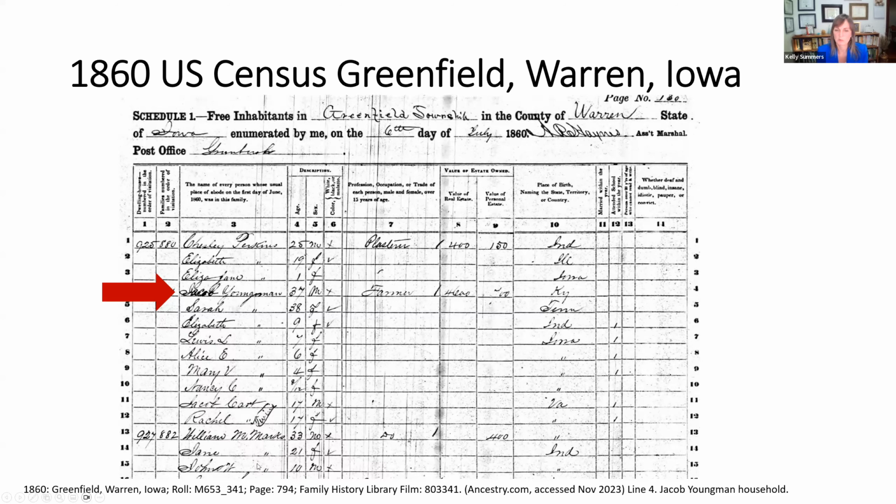Okay, the next thing I want to point out here in the 1860 census is we have other people living in Jacob Youngman's household. We have Jacob Cart and Rachel Cart, and here it says they are twins. They are 17 and they are both born in Virginia. Now, think about this for a minute. Why do we have people that aren't family members living in the household?